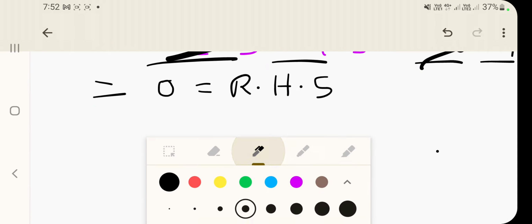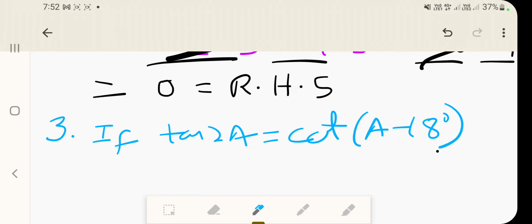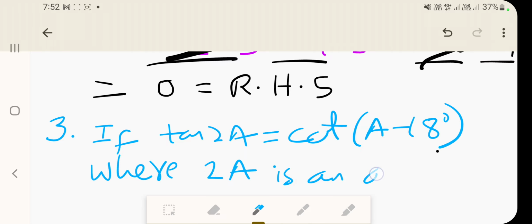Next, problem number 3 in exercise 11.3. If tan 2A is equal to cot(A − 18 degrees), where 2A is an acute angle, that is less than 90 degrees.